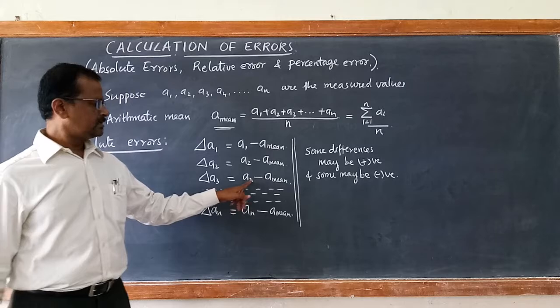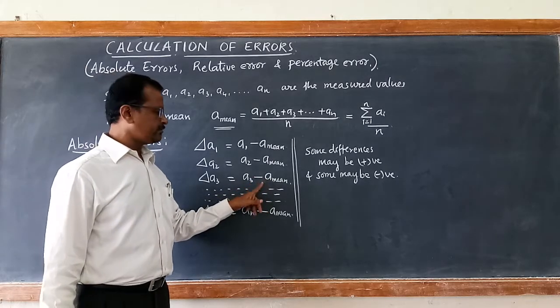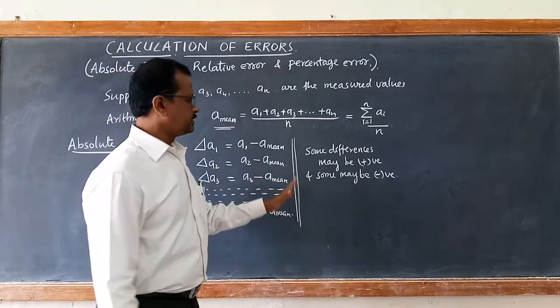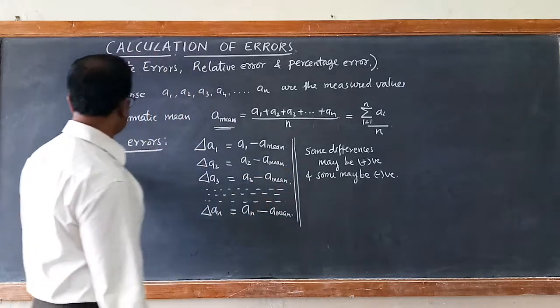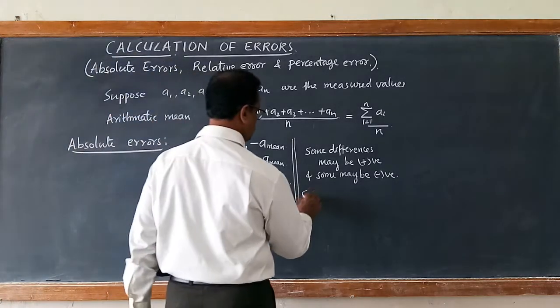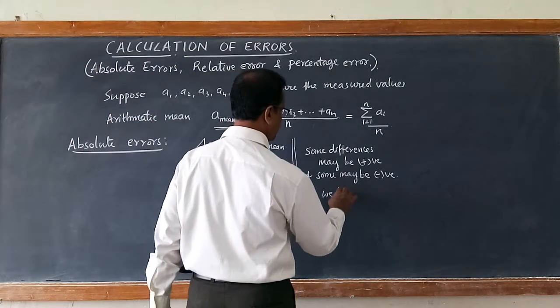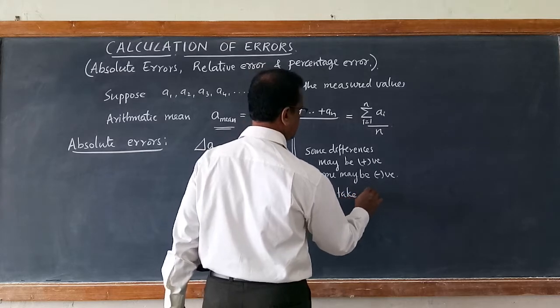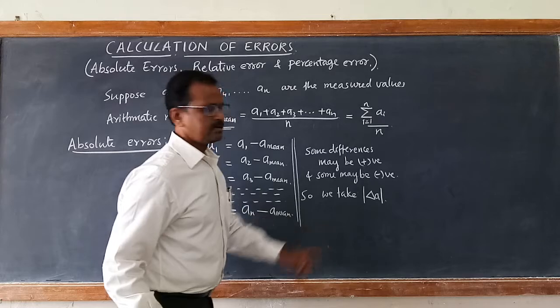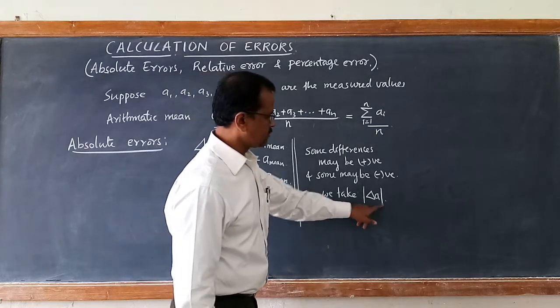If A3 is less than A mean, then it will be negative. If A5 is less than A mean, then it will be negative. But we take the absolute error as the magnitude. So we take delta A, that is absolute. So this is called magnitude.